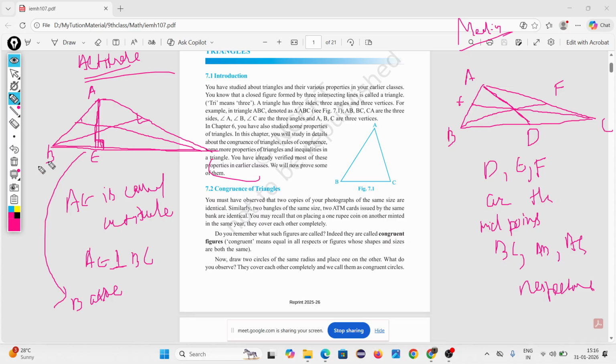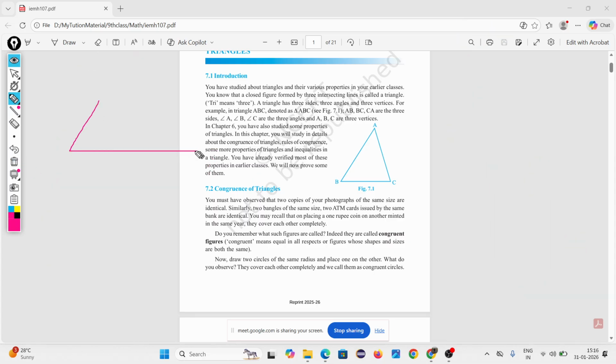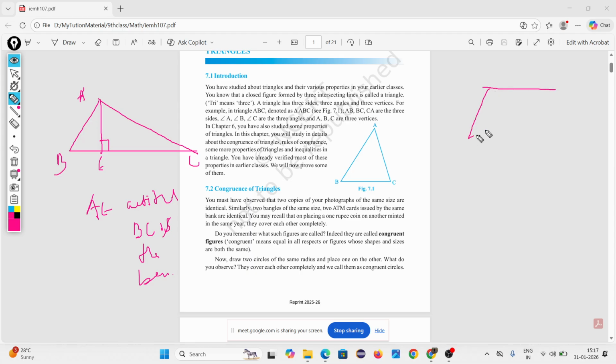Suppose in this triangle ABC, I am drawing one altitude. For the altitude AE, BC is the base.